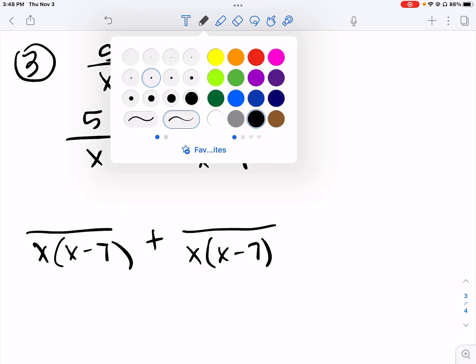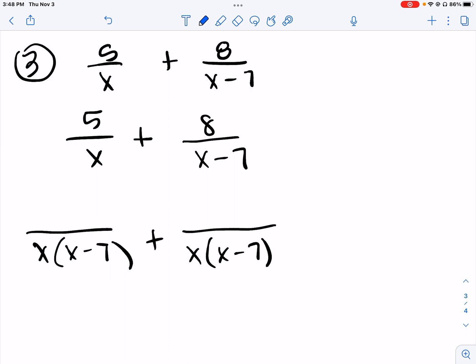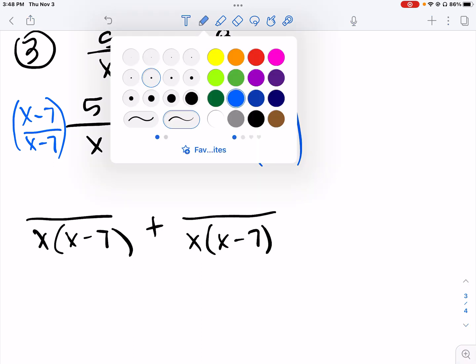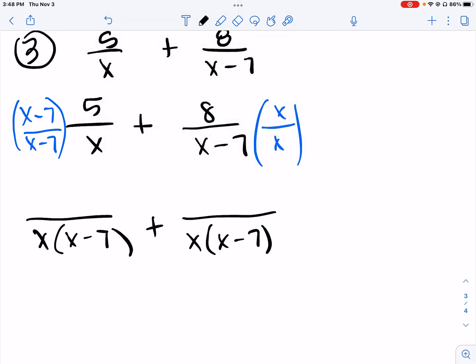Whatever's missing is what has to get multiplied in. The left is missing x minus 7. The right is missing x. What you multiply the top, you do to the bottom.